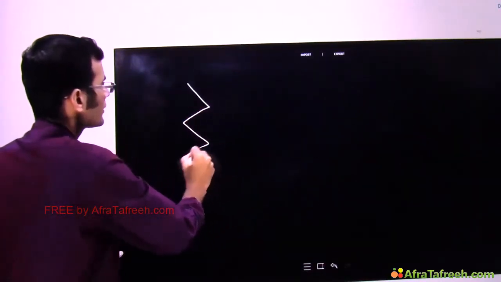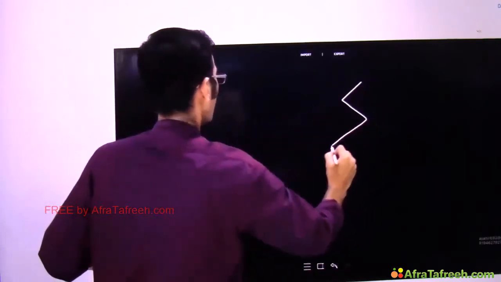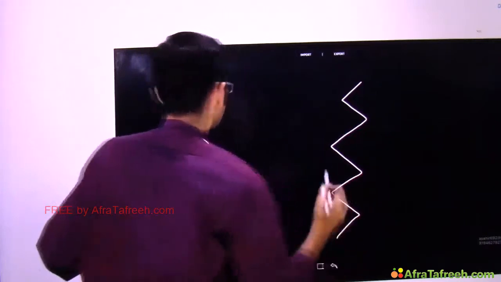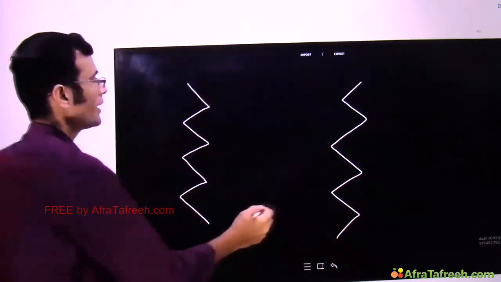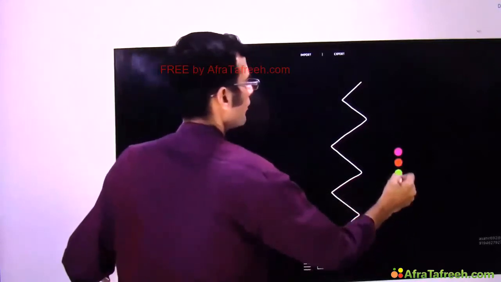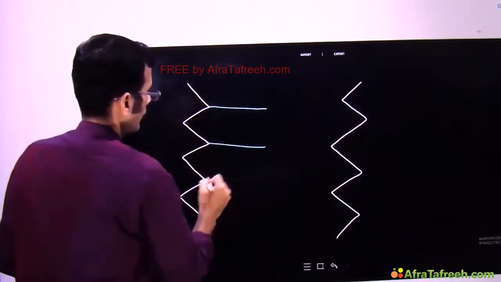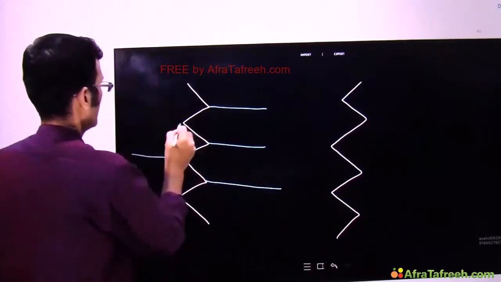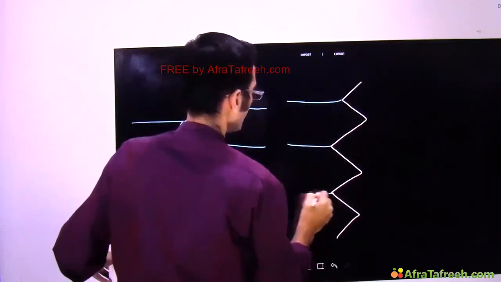At regular distances, there are zigzag lines called Z lines. Arising on either side of the Z line, there are thin filaments. And among those thin filaments, there are thick filaments.